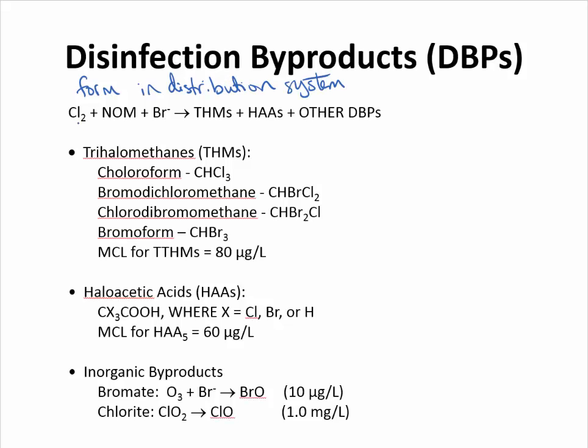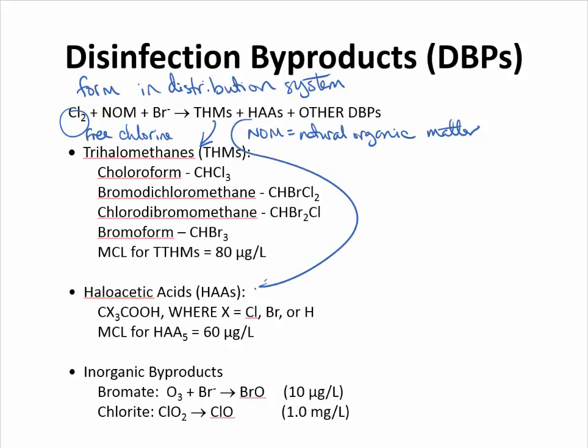These form when free chlorine reacts with natural organic matter, NOM, or when bromide, which is not as common, reacts with natural organic matter to form trihalomethane, haloacetic acid, HAAs, or other disinfection byproducts, which may include bromate or chlorite.